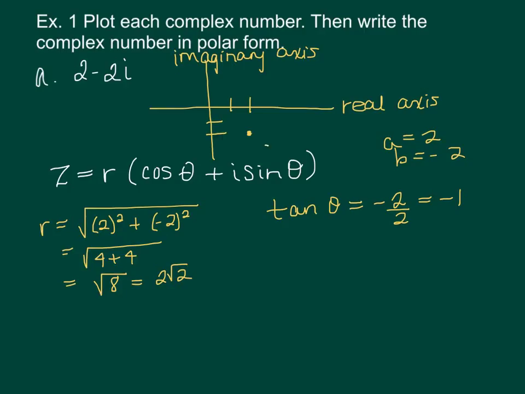So we have 5 pi over 3, 7 pi over 4, and 11 pi over 6. Well, the only one that has a tangent of negative 1 would be this middle one. So my theta is 7 pi over 4.